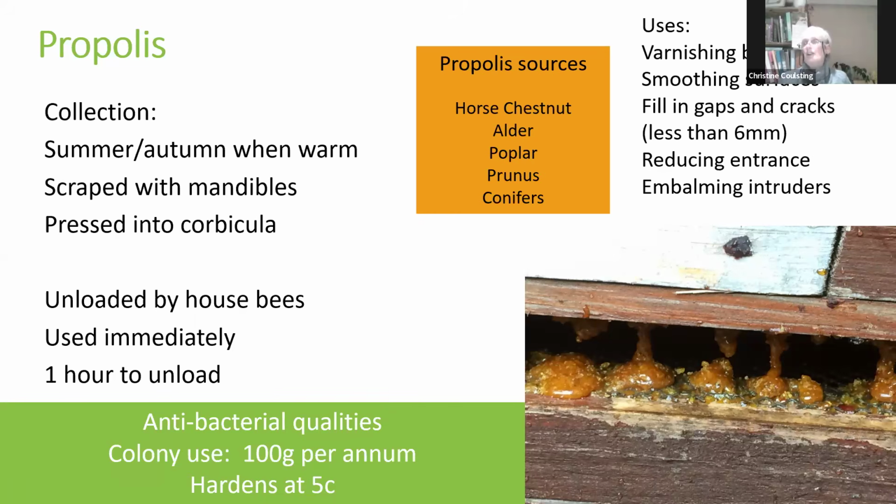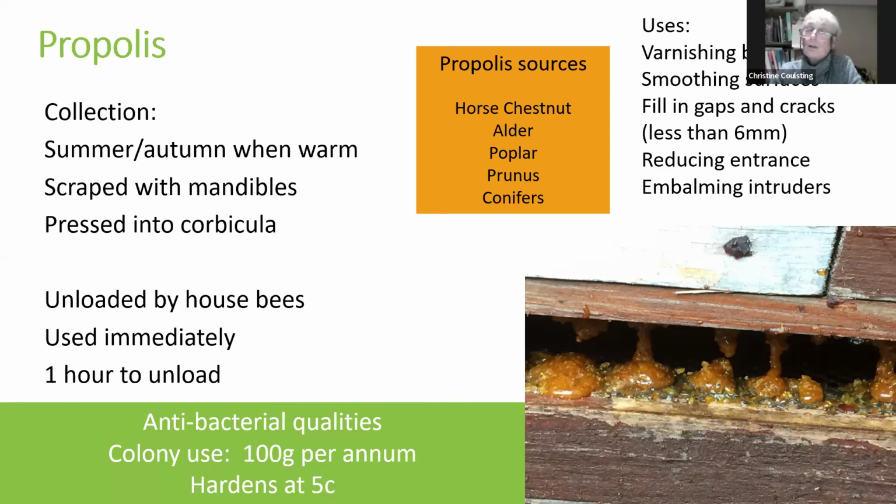Generally, they tend to use it for varnishing brood cells as they go, smoothing surfaces. I think we often see quite an influx of it late summer, and they're filling in gaps and cracks, less than 6 millimetre really, reducing the entrance, as you see here, and also embalming intruders is another use.